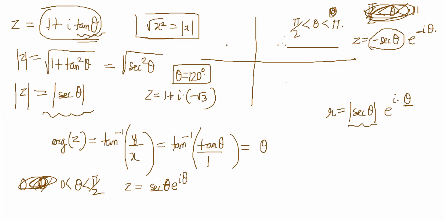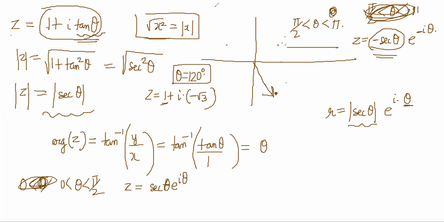So notice now that real part is plus 1 and imaginary part is minus root 3, so it is fourth quadrant z that is coming. So the r part is sorted, minus sec theta is fine. The real part is sorted, there is no problem.